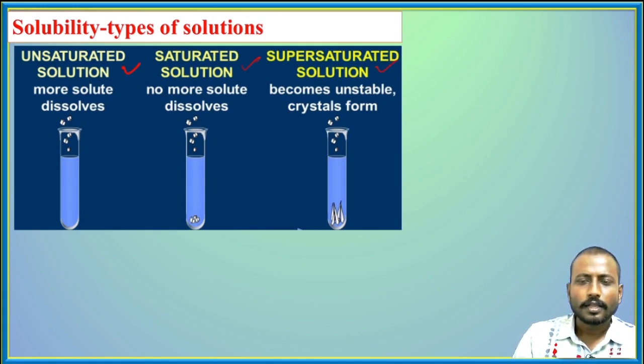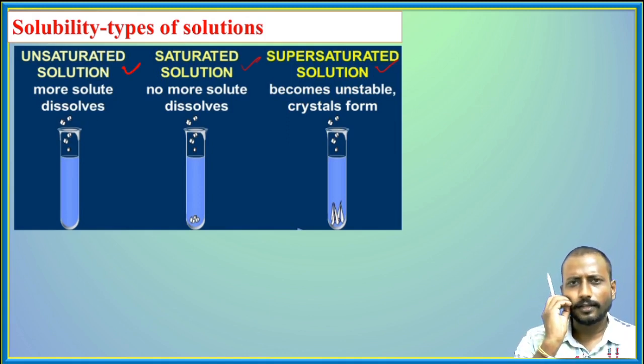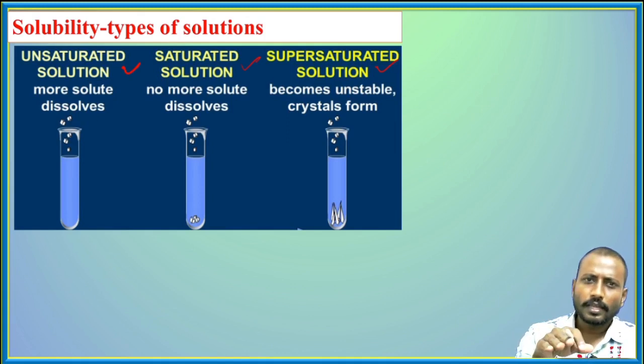Unsaturated solution means it can dissolve more solute. If you take a glass of water and dissolve a small pinch of sugar in it, and if you keep adding sugar to that solution while it is dissolving, that solution is called an unsaturated solution. More amount of solute can be dissolved into a given solution.